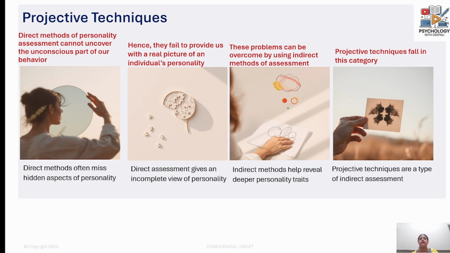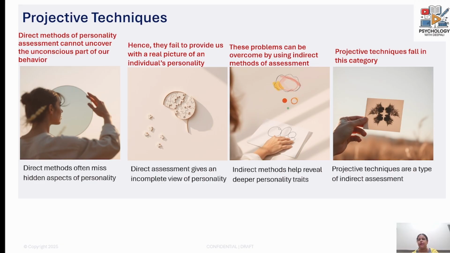Since direct methods cannot always uncover what is there in the unconscious or the hidden motives of the person, they will not be able to uncover what is normally not revealed by a person. So, they fail to provide us with a clear picture of an individual's true personality. Since we are getting an incomplete picture through direct methods, indirect methods are then used to understand and assess the personality.